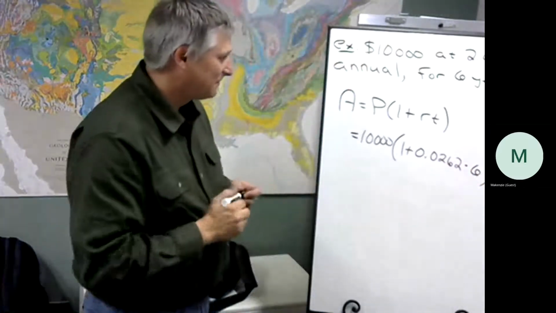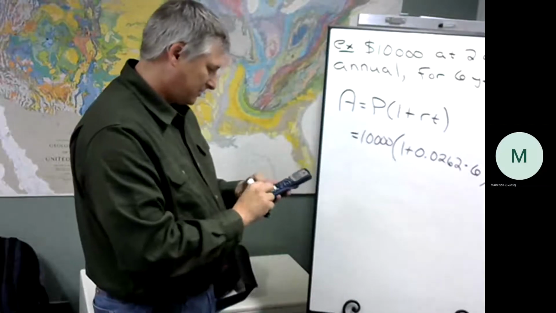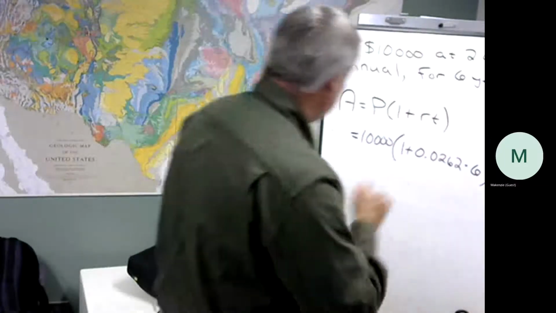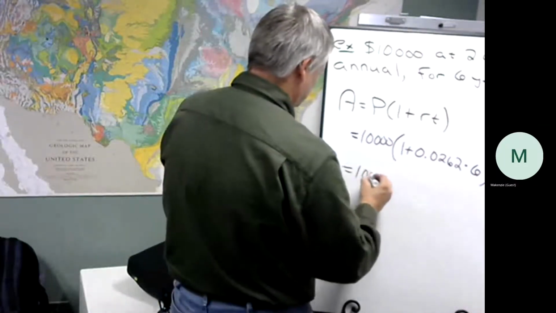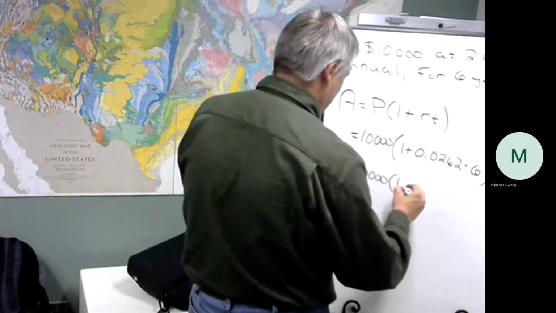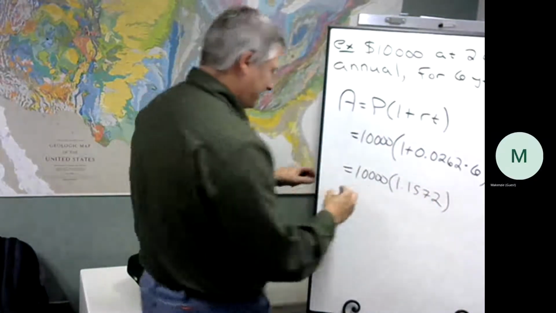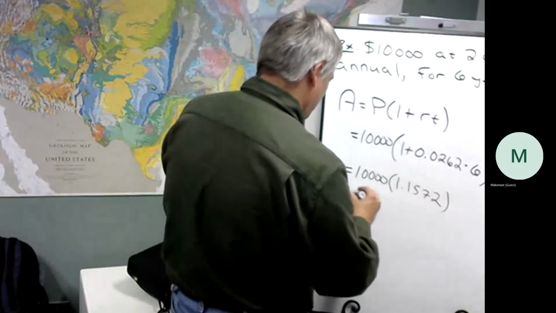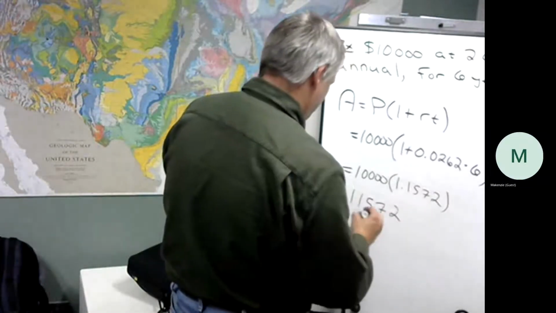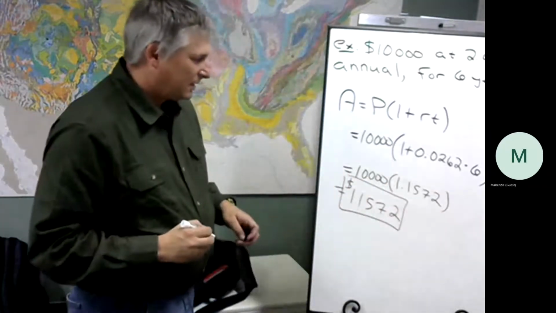That's our T. So let's see here. 1 plus 0.0262 times 6. And then we multiply by 10,000. We'll get 11,572. So that'll be our answer.